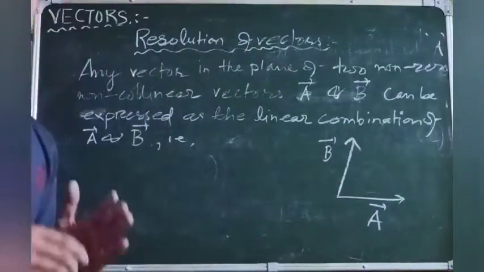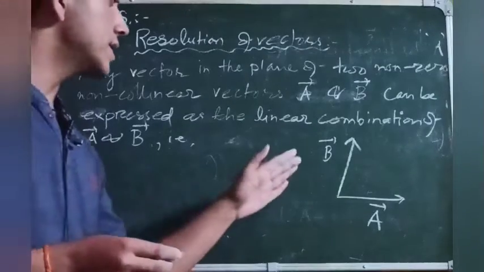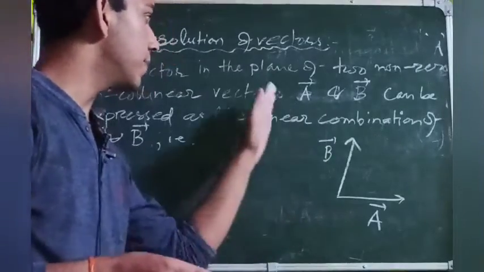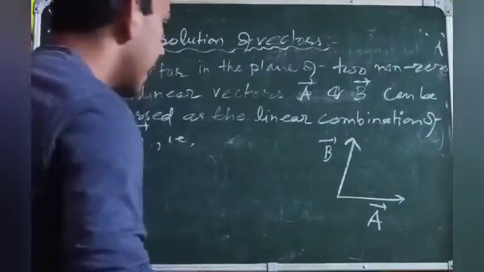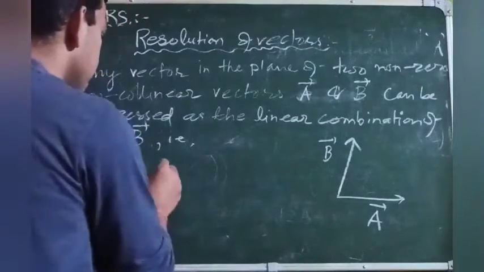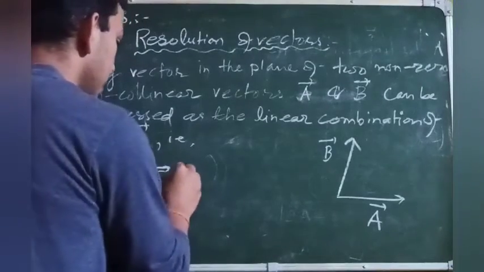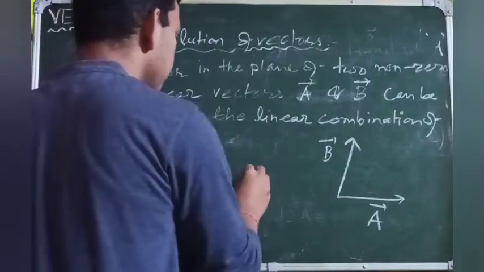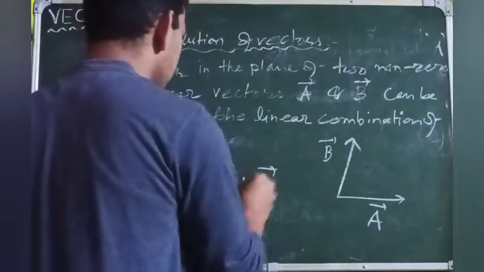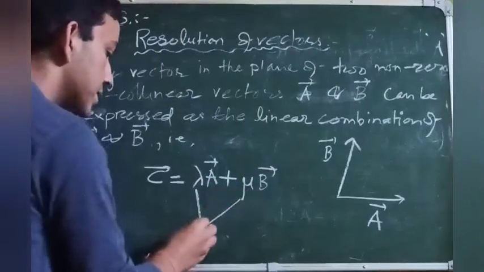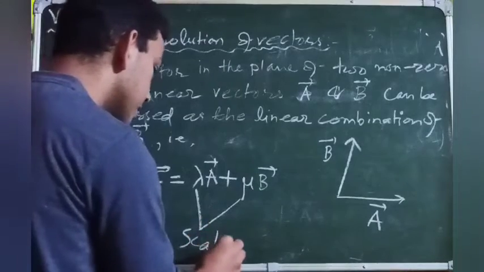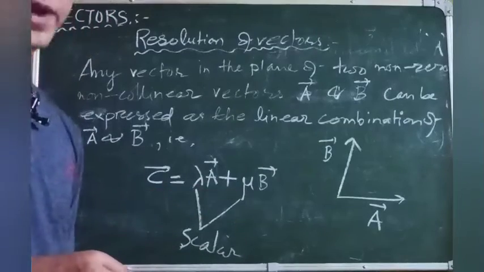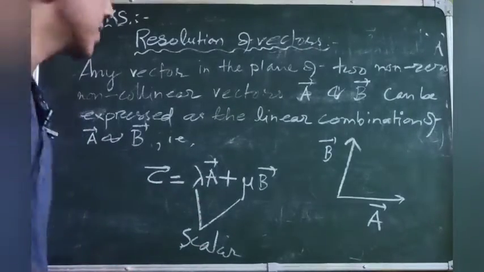Now any vector, suppose we take c vector, which is lying in the plane of a vector and b vector, this 2D plane, that is the plane of this board, can be written as the linear combination of a vector and b vector as, let us take c vector is equal to lambda times a vector plus mu times b vector, where lambda and mu are some scalar quantities. It means scalar numbers. In this way, we can resolve a vector into its component vectors.